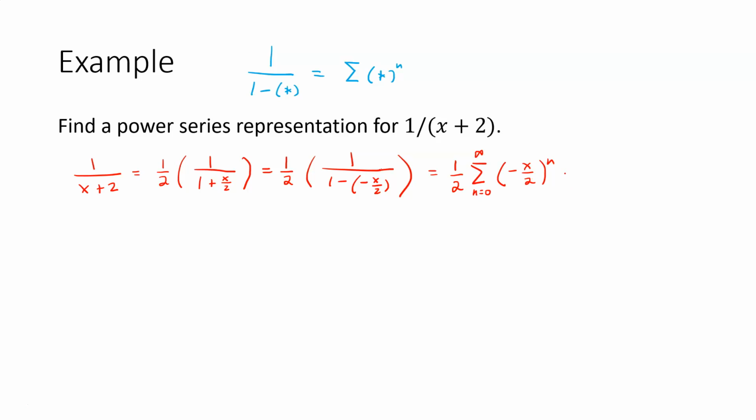And again, to simplify this a little bit, I could write this as -1 to the n, x to the n over 2 to the n. And then I noticed that here, 1/2 multiplied by the terms of the series will multiply the factor of 2 to the n here in the bottom by 2.